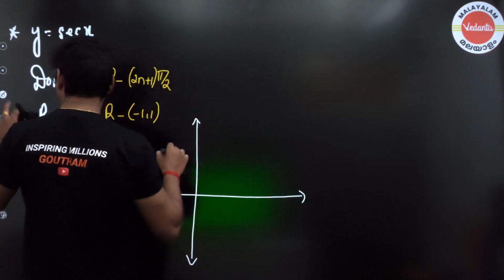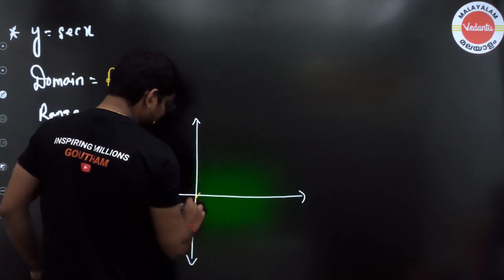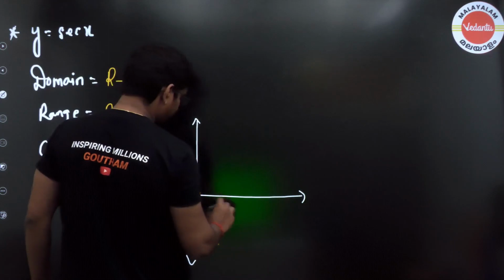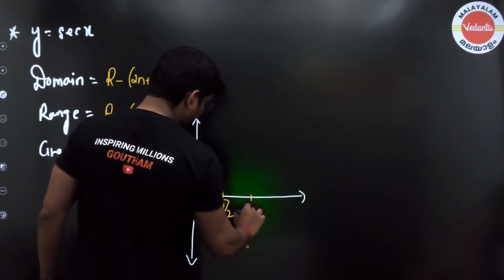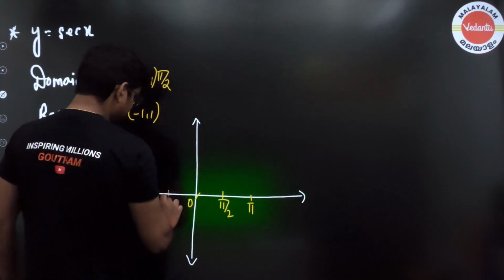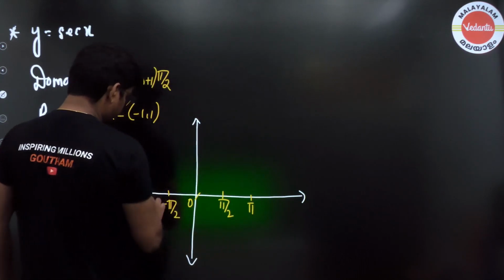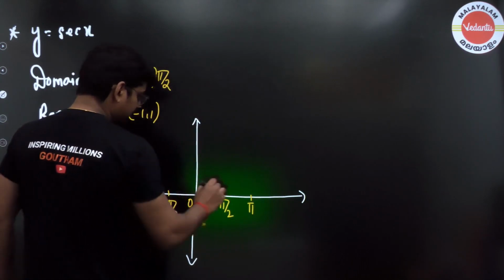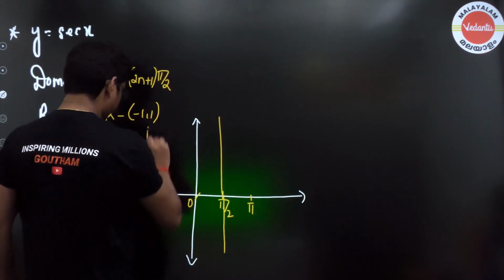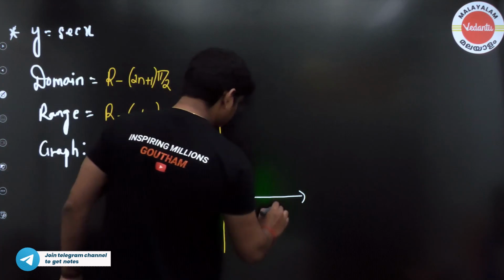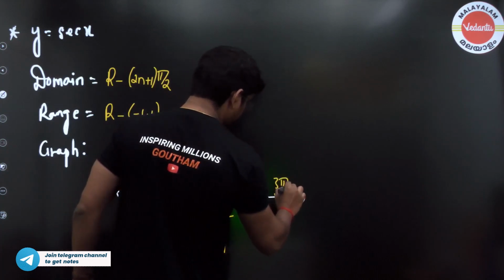So let's say it's going to be 0 here, and then you have pi by 2, and let's say you have a pi here, and this is minus pi by 2, and you have minus pi. And let's say this is your 3 pi by 2.